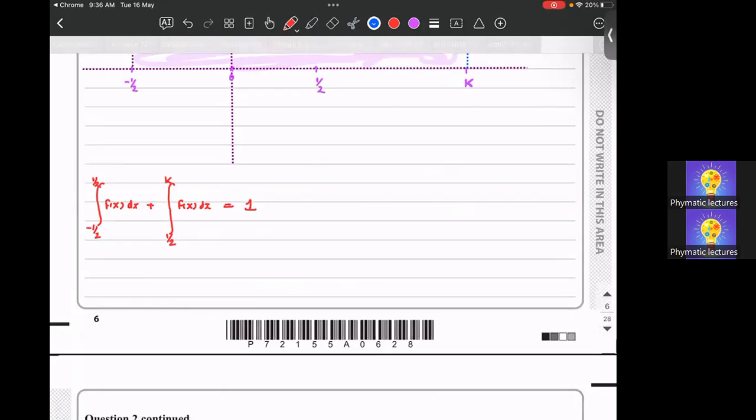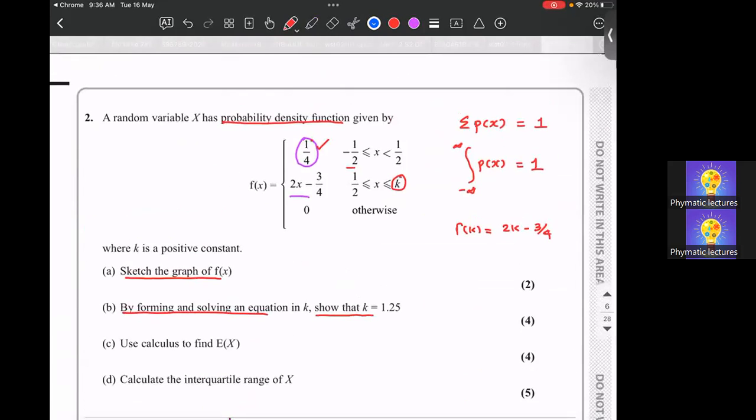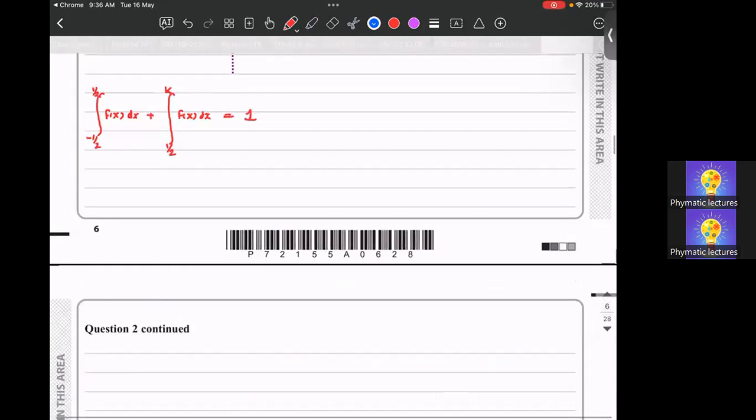So integrate it. From minus 1/2 to 1/2, f of x is 1/4, so the integral of 1/4 dx from minus 1/2 to plus 1/2, plus the integral from 1/2 to k of 2x minus 3/4 dx, is equal to 1.